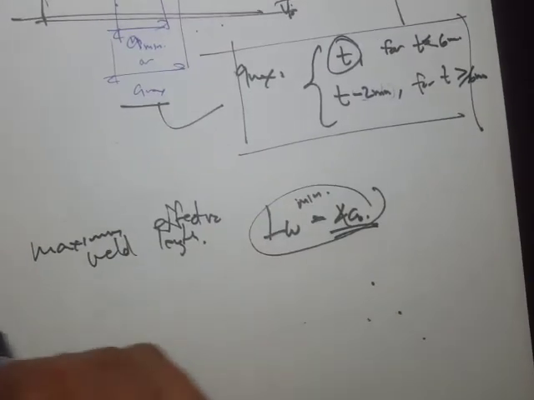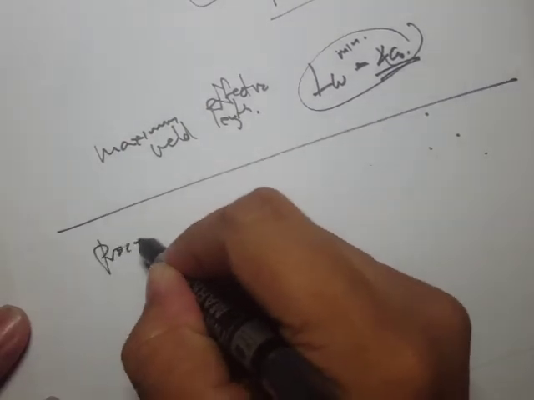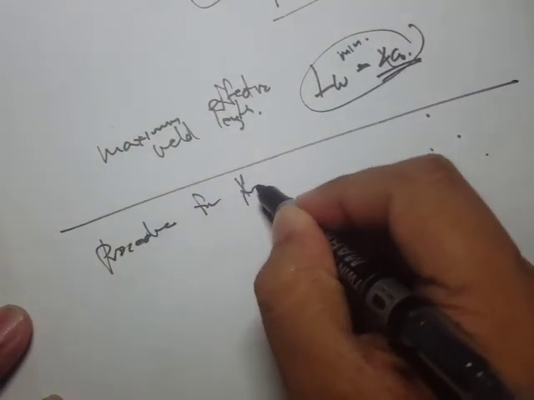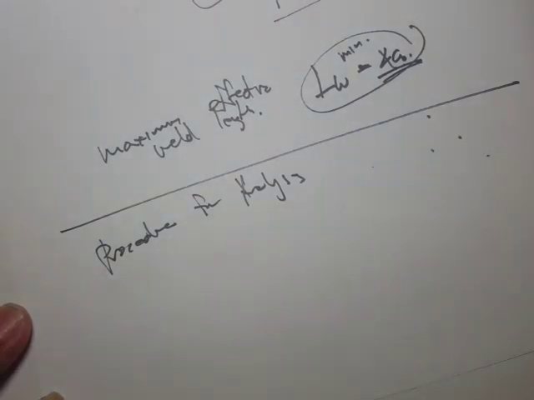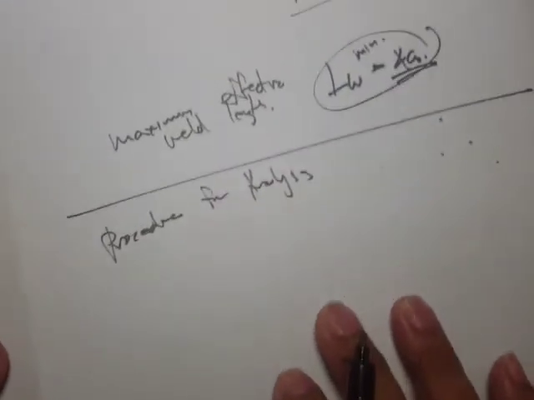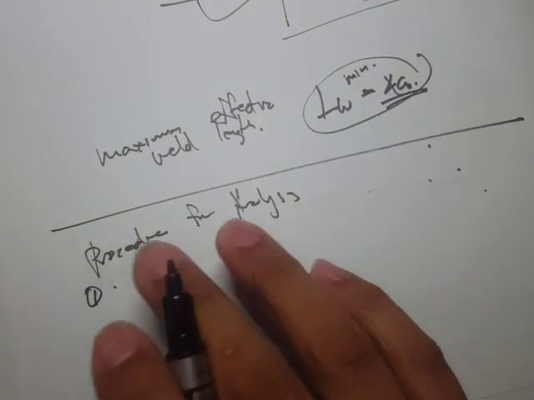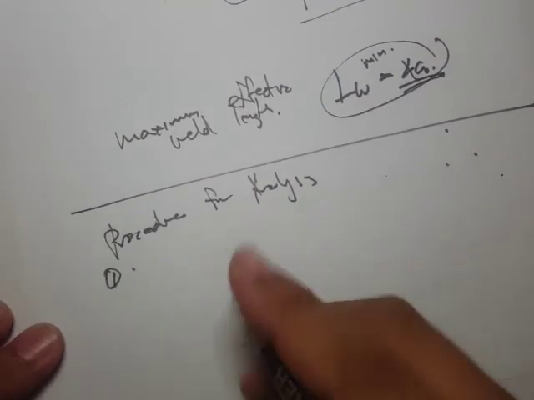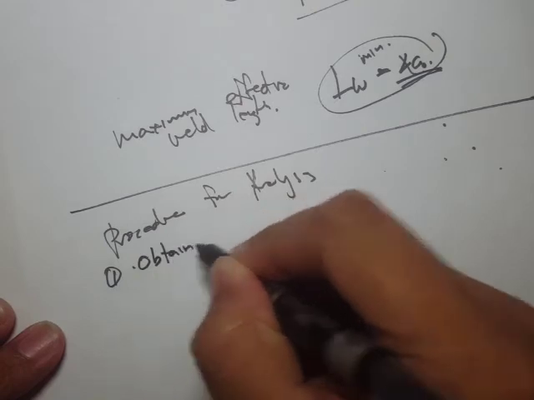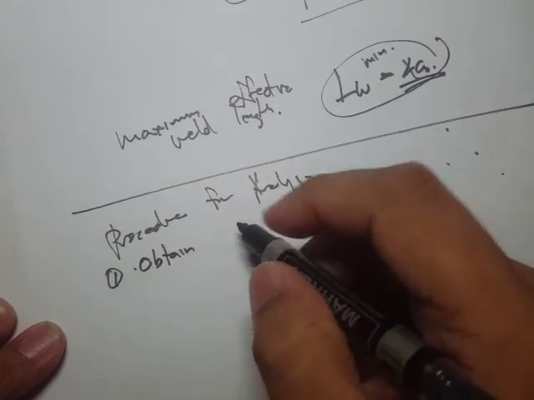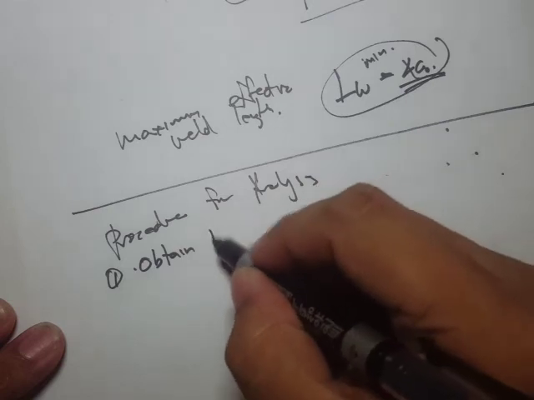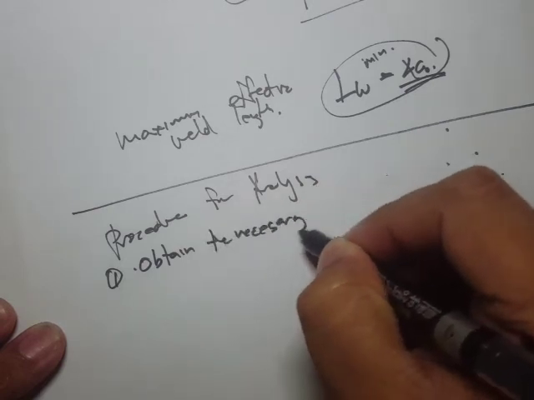All right, now let's discuss the procedure for analysis. For this analysis, we are already given the geometry of the welded connections and the specifications and things like that. The first step is to obtain the necessary information.